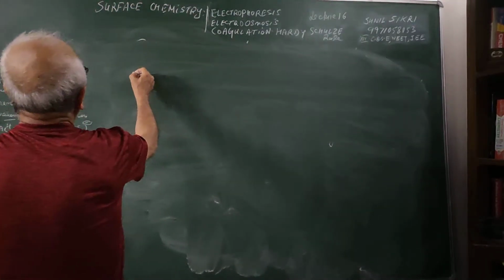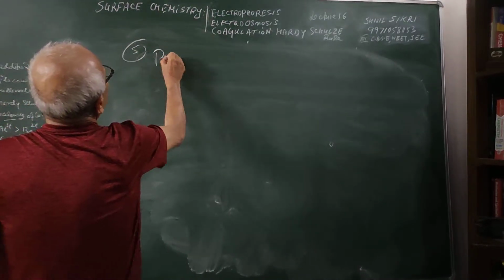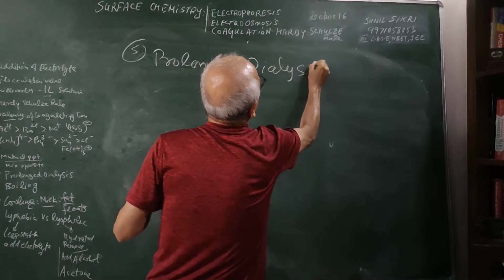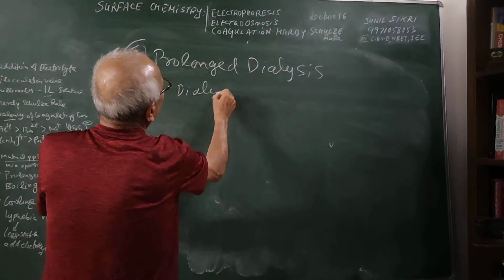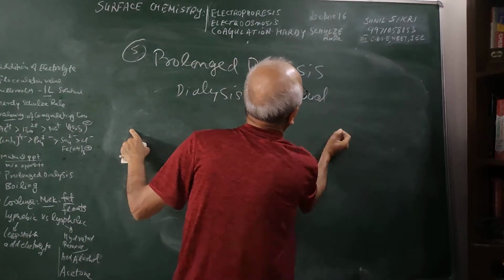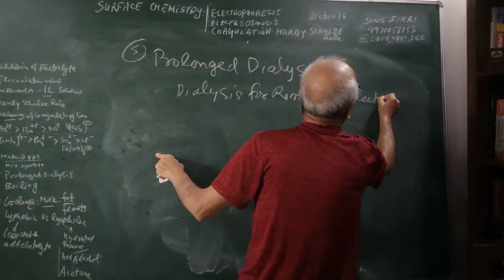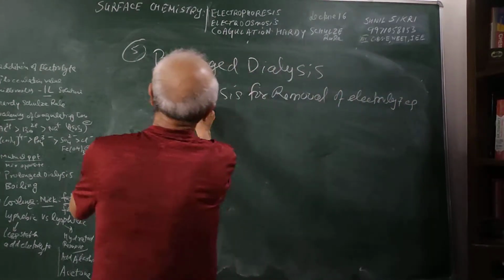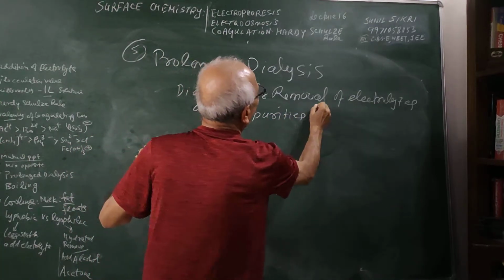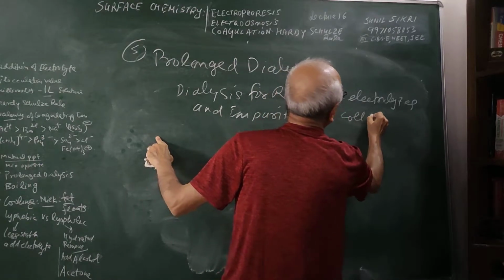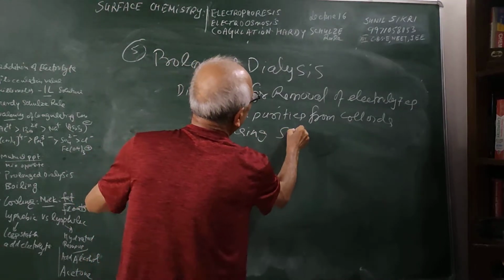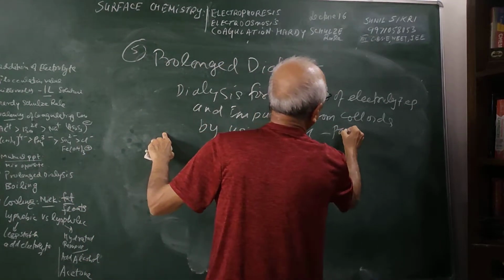Further, students, I am talking of prolonged dialysis. You know that dialysis was used for removal of electrolytes and impurities from colloids by using a semi-permeable membrane like parchment paper.